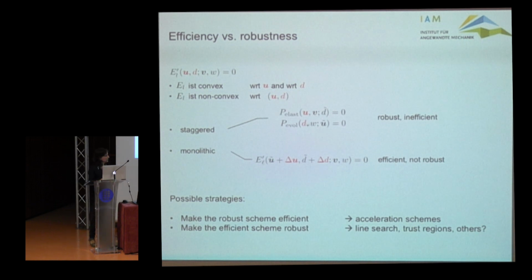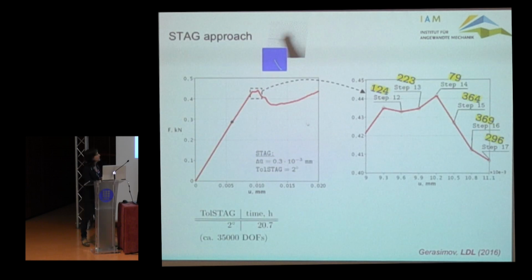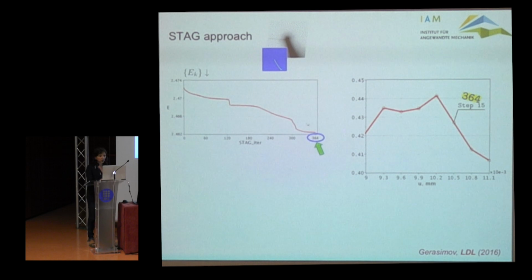This is something we have tried so far with reasonable success, but certainly there's still a lot of room for improvement. When I say the staggered scheme is not efficient, what I mean is that you need, for instance, in this very time step, 364 iterations of the staggered scheme if you want to reach a very strict tolerance, of course.